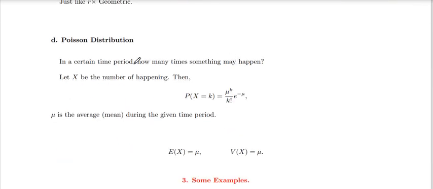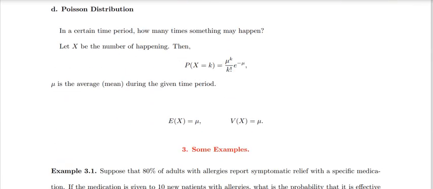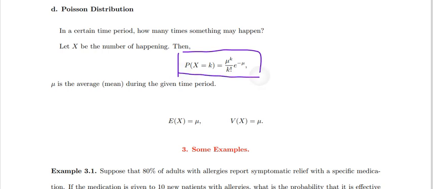Okay, so for the Poisson distribution, we just use this formula. How can we get this e? e always uses a limit.